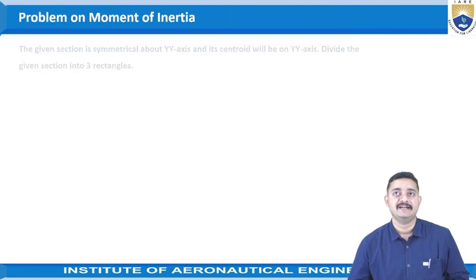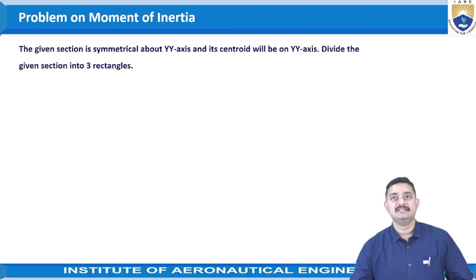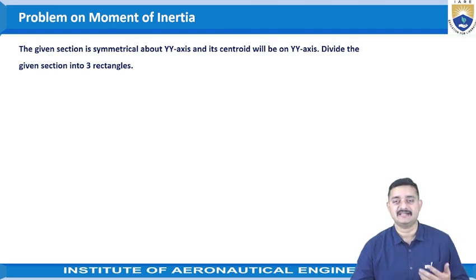For identifying the centroid, the given section is symmetrical about the y-y axis, and its centroid will be on the y-y axis. Then we divide the given section into 3 rectangles.